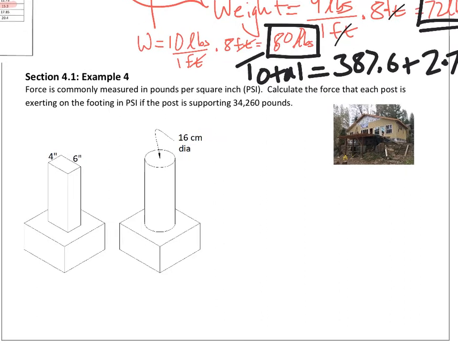All right, so it says this force is commonly measured in pounds per square inch. How many pounds per square inch here is being applied on the surface here? Okay, and that's called PSI. So we want to calculate the force. If we have one of these here supporting 34,260 pounds.